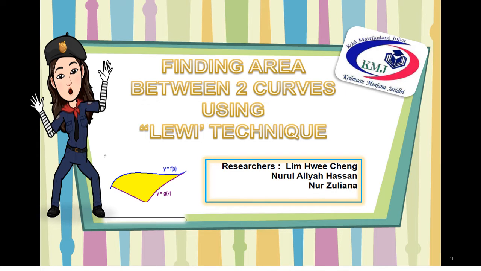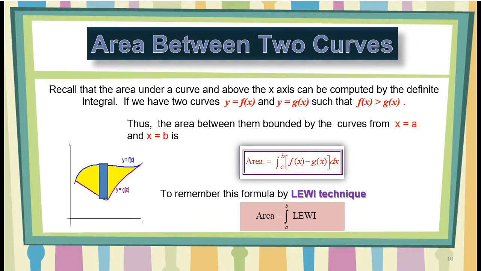Students always face difficulties in remembering all these definite integrals for area. Let me introduce to you how to memorize all these formulas easily by using the LEWI technique. Recall that the area under a curve and above the x-axis can be computed by definite integrals.